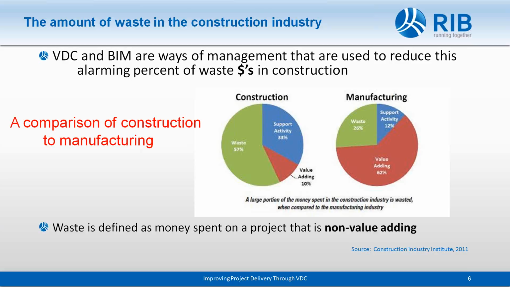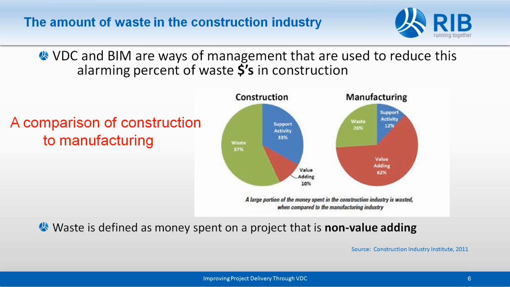If you look on the left at the pie chart, you can see that 57% of the money that goes into a construction project is defined as waste. Anything that cannot be defined and measured as value adding, or a support activity, is money being spent. We're going to call it waste. Construction 57%, manufacturing only 26%.